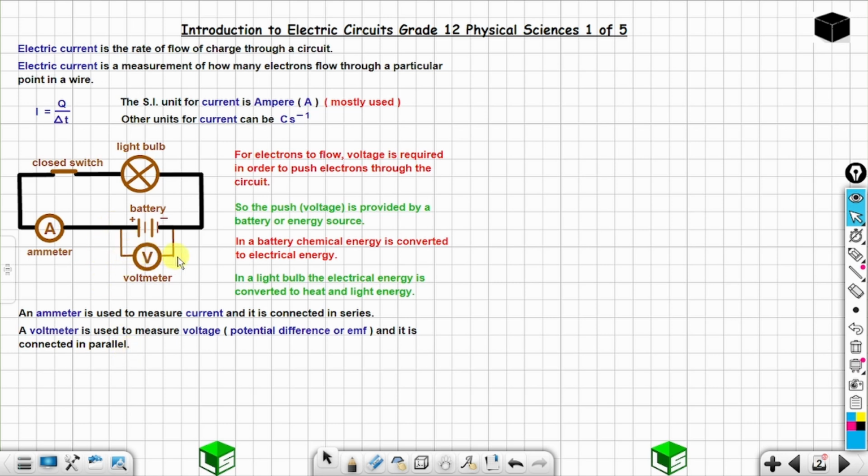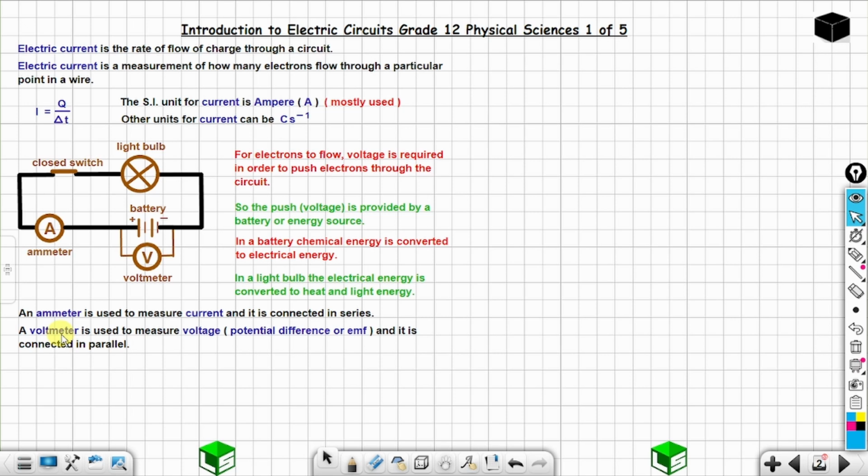For example, if you are required to measure the voltage of this battery, you are going to connect your voltmeter in parallel so that you can measure the voltage of this battery. Another reason we connect a voltmeter in parallel is because the voltmeter has a higher resistance.